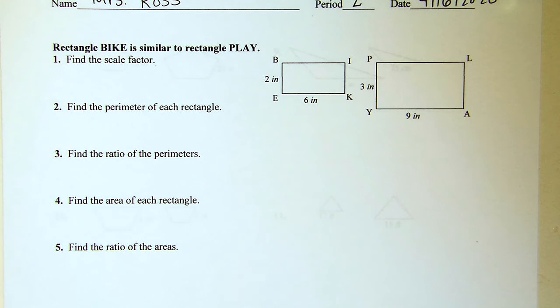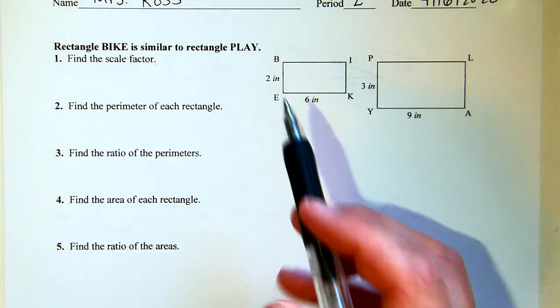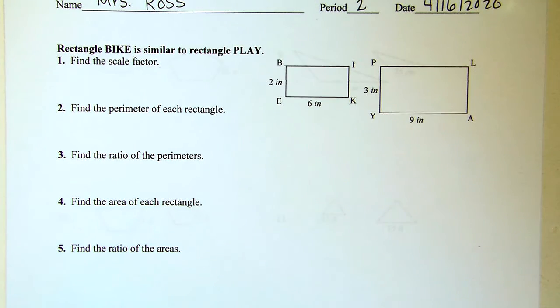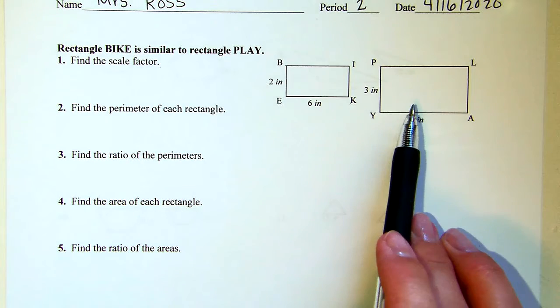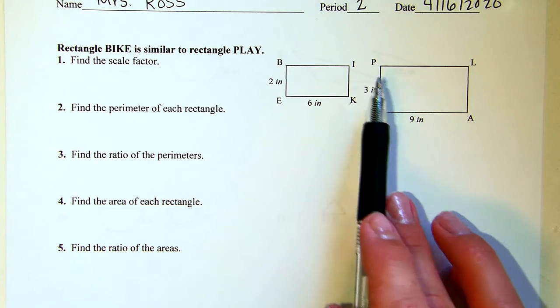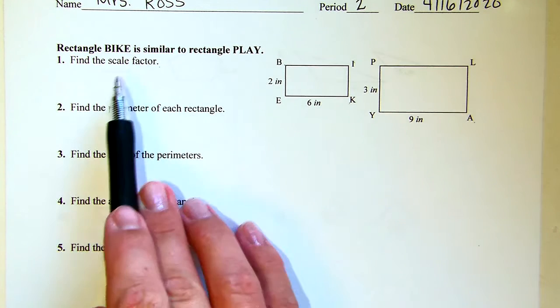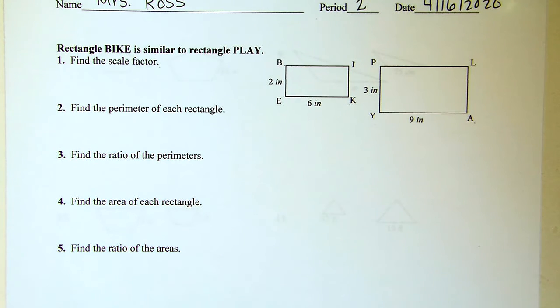So we have 2 rectangles here. Our first rectangle is called bike, B-I-K-E. Our second rectangle is called play, P-L-A-Y. Our first task is to find their scale factor. Now that scale factor is going to be me setting our corresponding parts equal to each other.